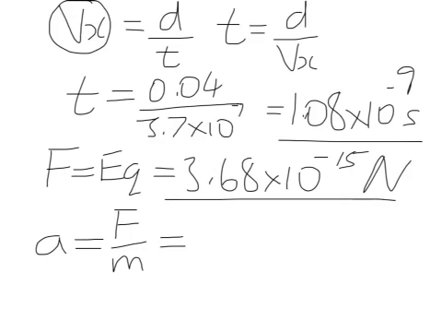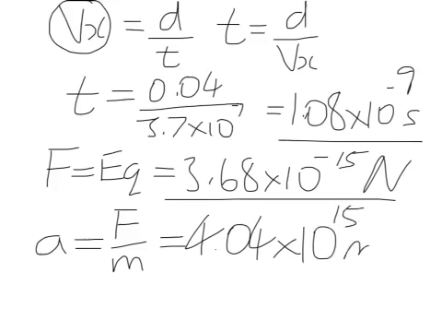So we get a very large number for the acceleration, 4.4 times 10 to the power of 15 meters per second squared. So a large acceleration. The only thing is it only acts for a very short time of 1.08 nanoseconds. So it doesn't have a huge effect on the velocity.